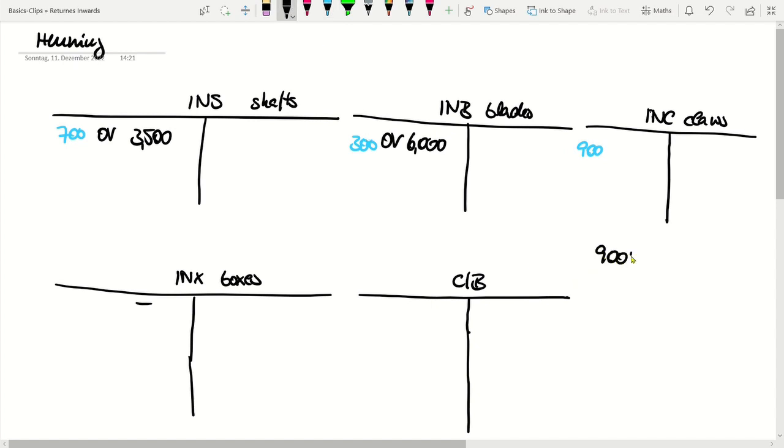The value will be 900 multiplied by 25, which gives me 22,500. I have to make the contra entry in the cash bank account, but I don't care.